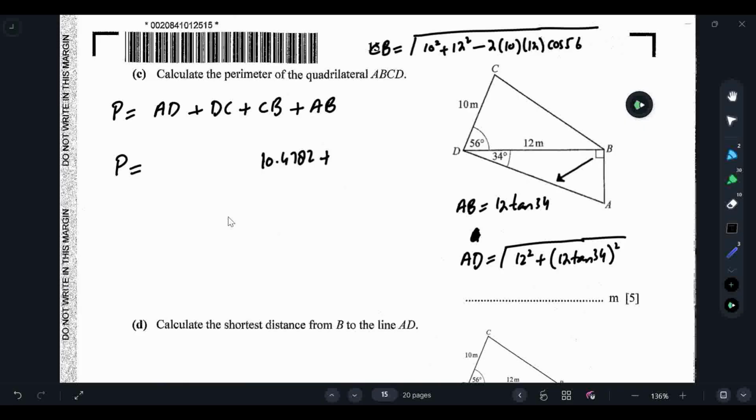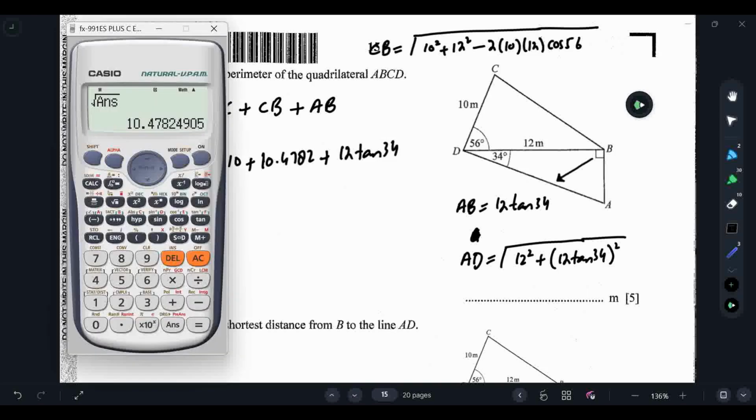AB is 12 tan of 34, DC is 10, and the last one, AD, is the square root of 12 squared plus (12 tan of 34) squared. Now P will be equal to what?